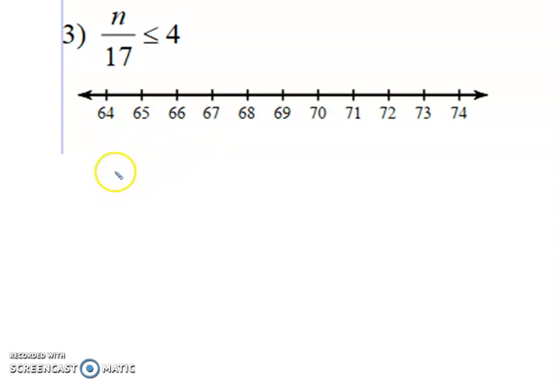So number 3, same thing. N over 17 less than or equal to 4. I'm going to leave it with the division bar instead of the actual symbol. How do I get rid of division? Multiplication every time. This is not 17n. It is n.